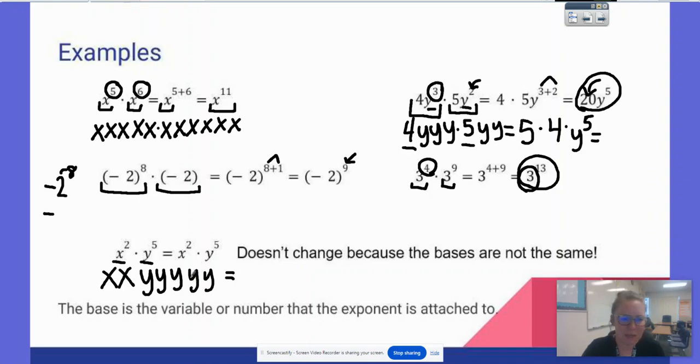There's not 7 y's, there's just 2 x's, and there's 5 y's. So it doesn't change because the bases are not the same. And just as a reminder, the base is that variable or number, right? We've seen when it's a letter, we've seen when it's a number, that the exponent is attached to. Okay, that's the bottom of your notes.